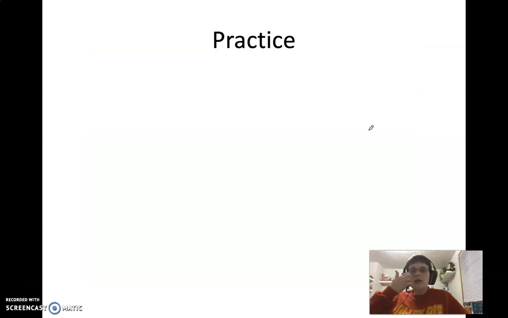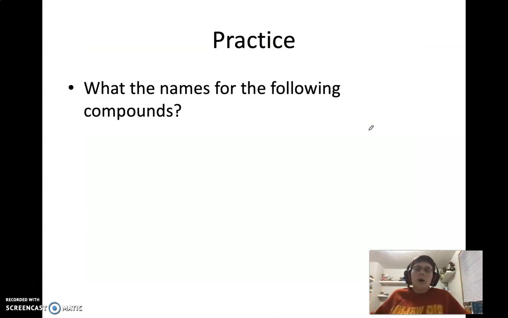So let's try a little bit of practice. So what would we call the following compounds? Now, I wouldn't expect you to know necessarily that there are multiple versions of one of these compounds. So to be on the safe side for that second element, go ahead and put prefixes on any of the elements, unless it's one you know for sure. So we've done this one, so that's carbon monoxide.